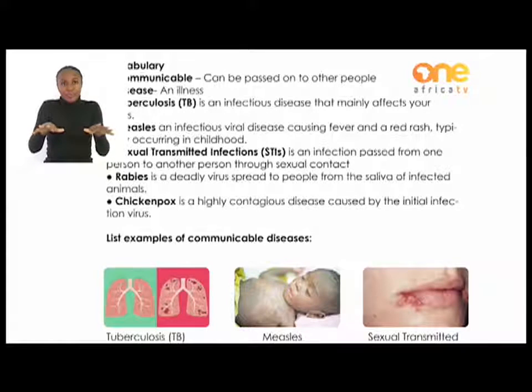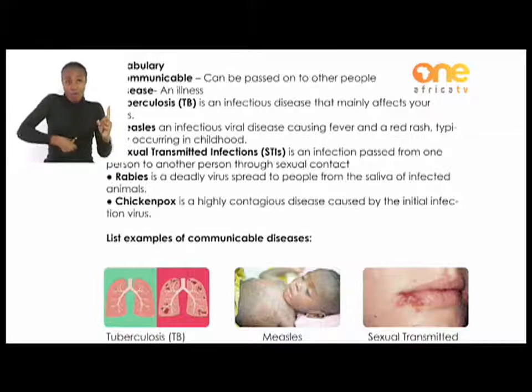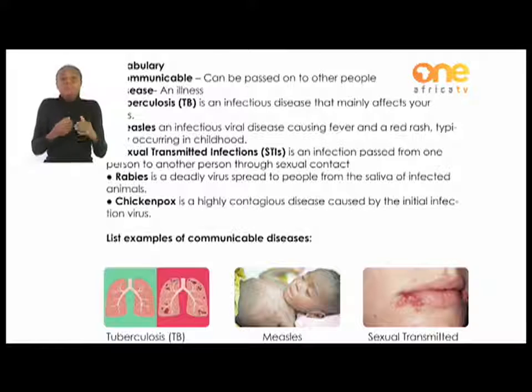Now, what is a communicable disease? It is an illness that can spread from an infected person through saliva droplets from sneezing and coughing. List examples of communicable diseases. We have tuberculosis, which is TB.